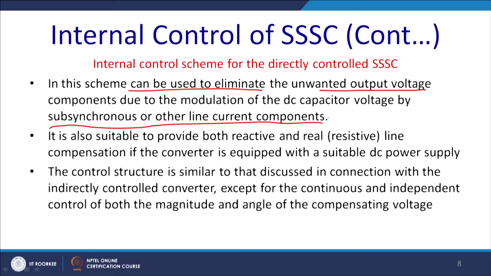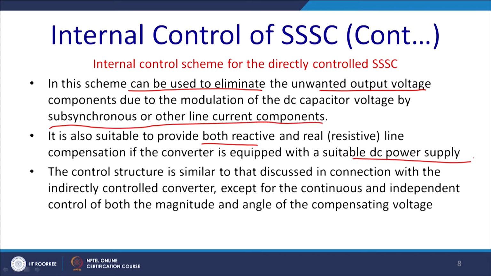That is one of the biggest problems in power systems, subsynchronous oscillation, that can be damped out by this SSSC. It is also suitable to provide both reactive and real line compensation if the converter is equipped with a suitable DC power supply. So, we have a storage element, that is all.